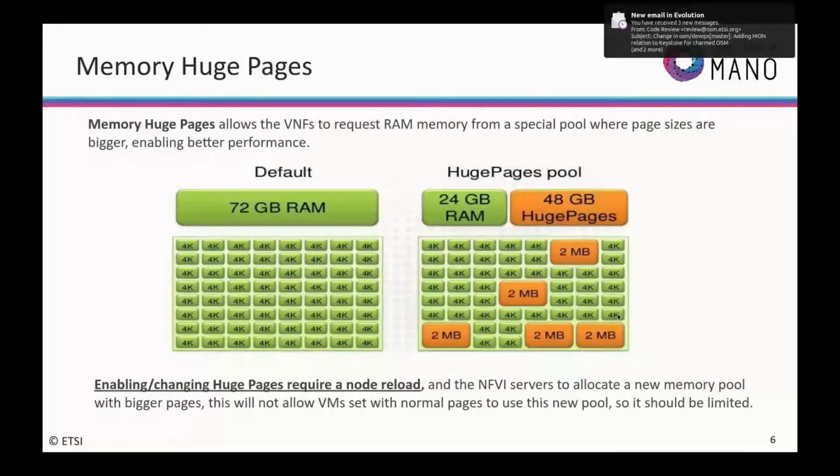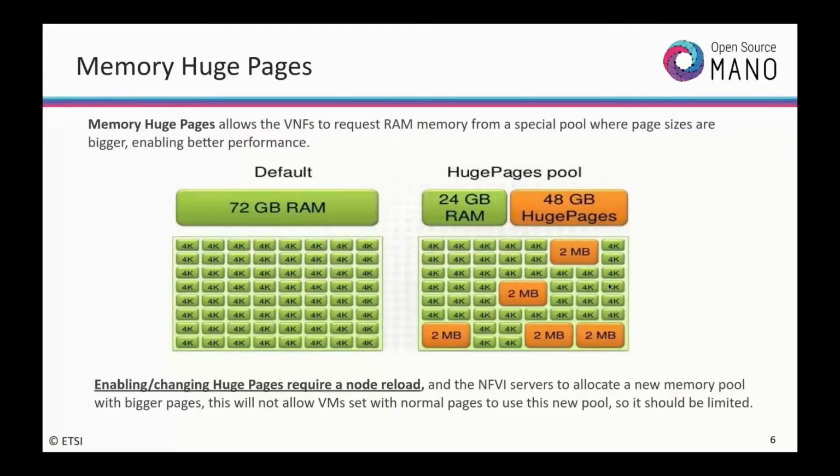So this is a tuning parameter that needs to be done at the hypervisor level, but once it's done, the VMs can take advantage of it. Once it's available, we allow a VNF to say, hey, I need to use huge pages because I am dealing with massive amounts of data, a large amount of memory, and I need to have very fast access to that.